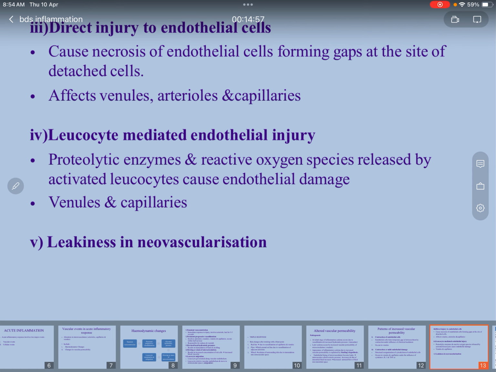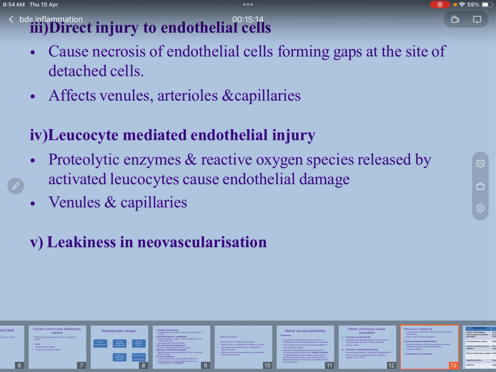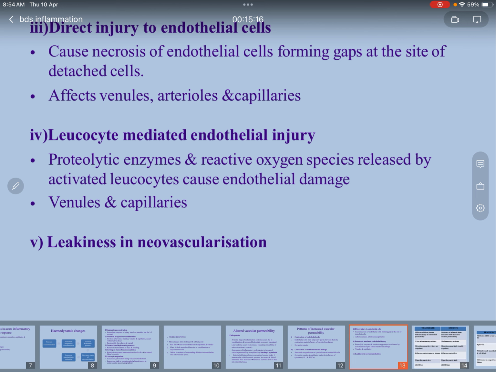Proteolytic enzymes and reactive oxygen species released by activated leukocytes cause endothelial damage. This occurs mainly in venules and capillaries. Next, there occurs a leakiness of the neovascularization, that is the newly formed blood vessels.